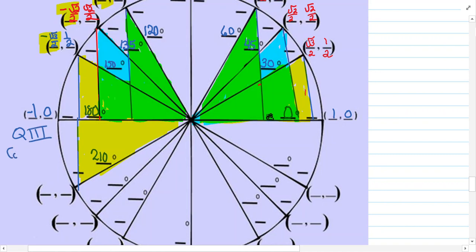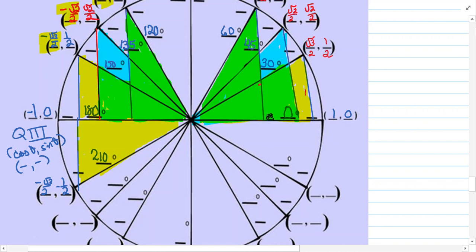And we know cosine theta, sine theta, and they are negative and negative. Both are negative. So this would be the negative square root of 3 over 2 and the negative 1/2.